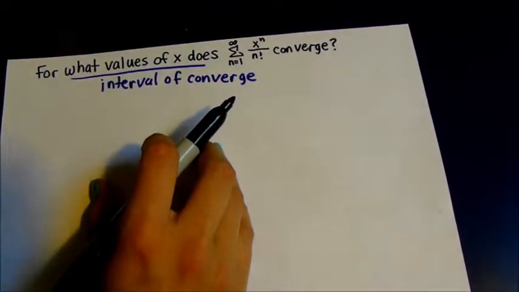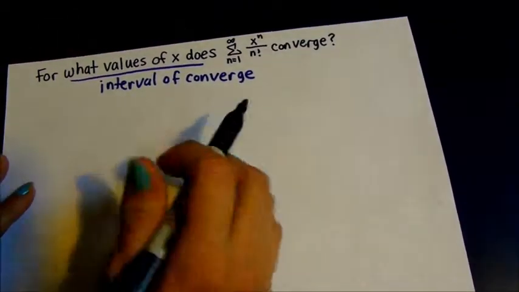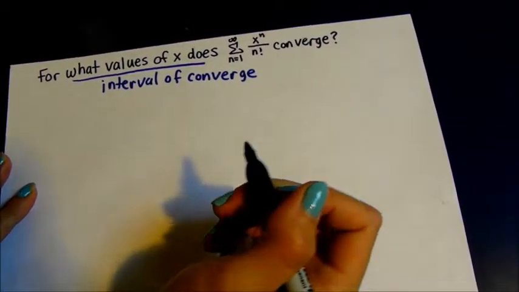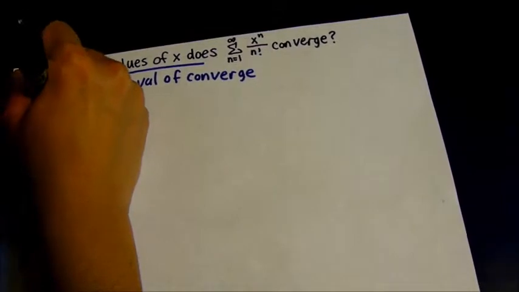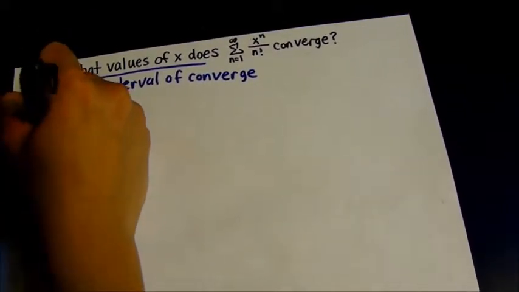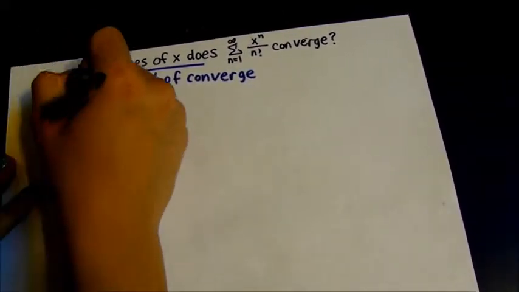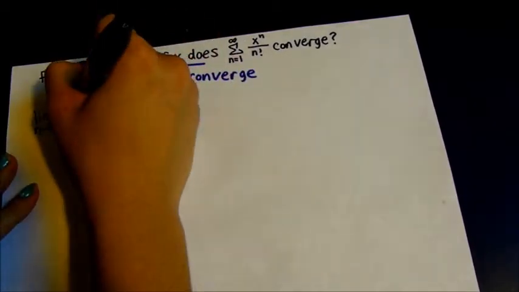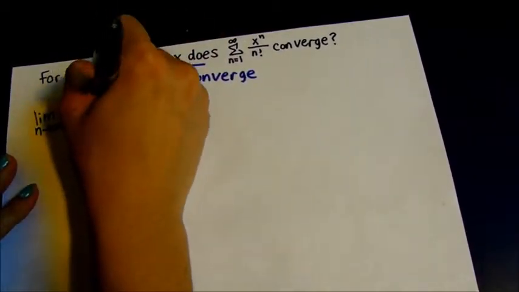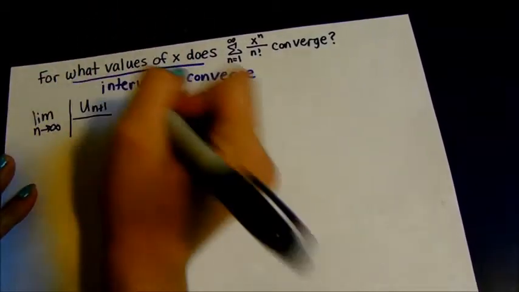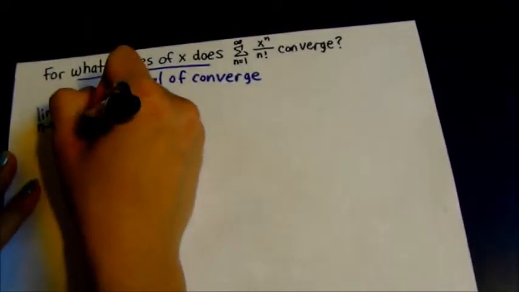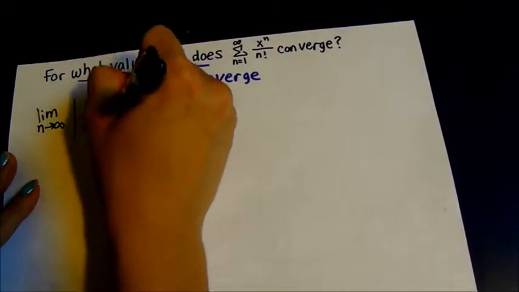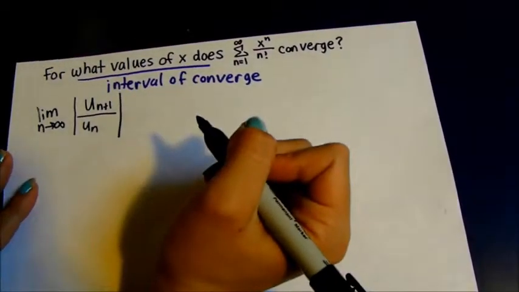So to find where that occurs, I'm going to use the ratio test. And recall that the ratio test is the limit as n goes towards infinity of your power series u to the n plus 1 power, all over your original power series u to the n.